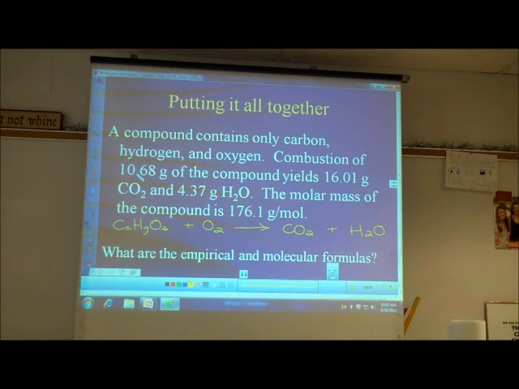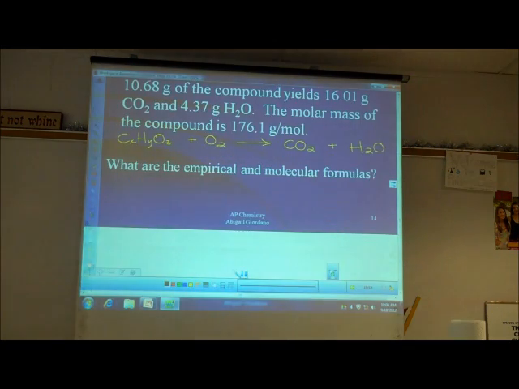Correct. Okay? Folks, think about conservation of mass. Any carbon that I had over here is all going to be converted into carbon dioxide. If I know how much carbon dioxide I have, I can find moles of carbon. Now what I'm going to put up here, some of you will have done and some of you will not.